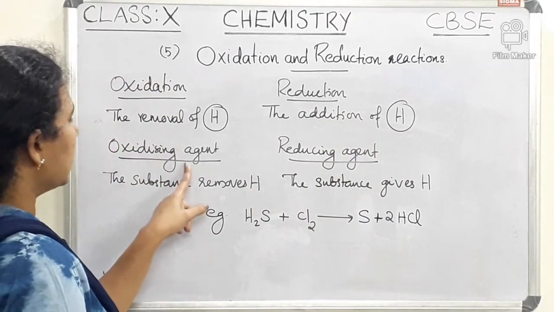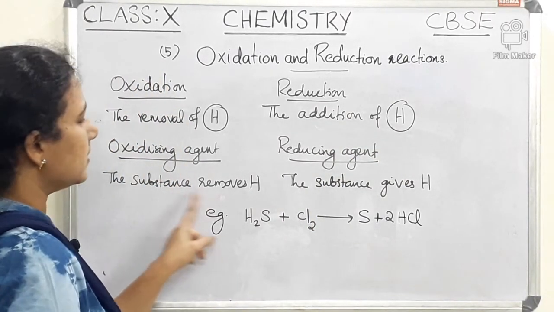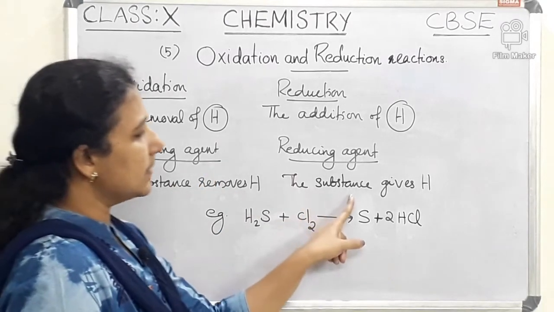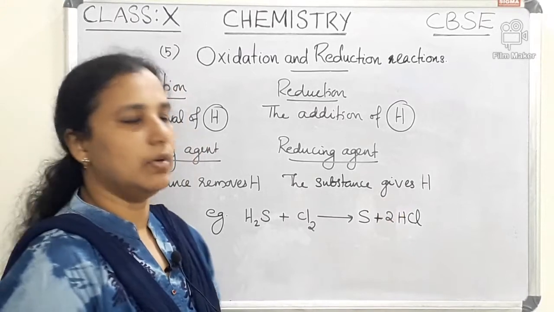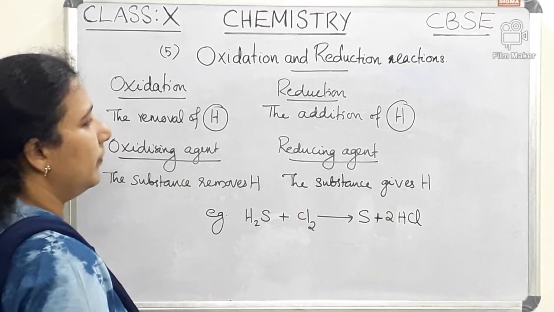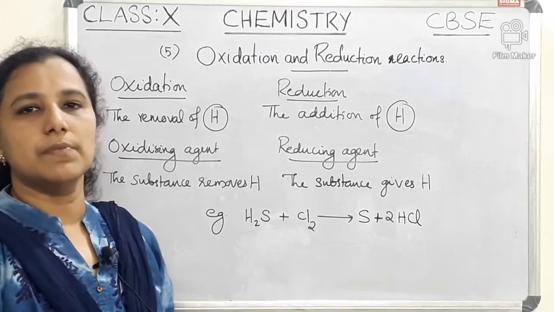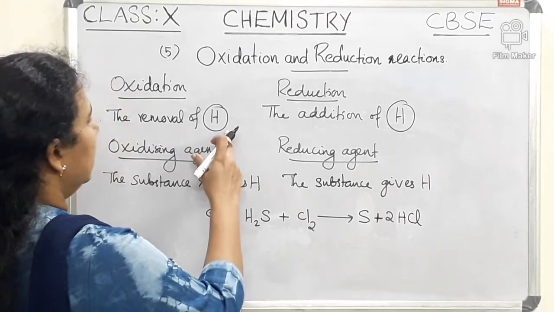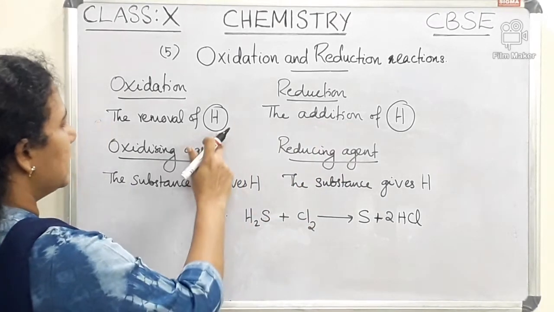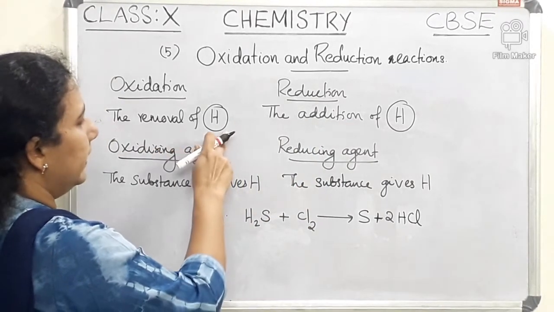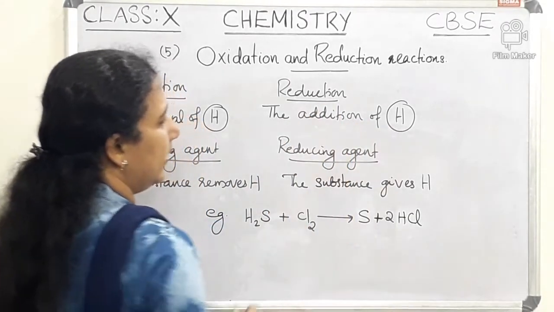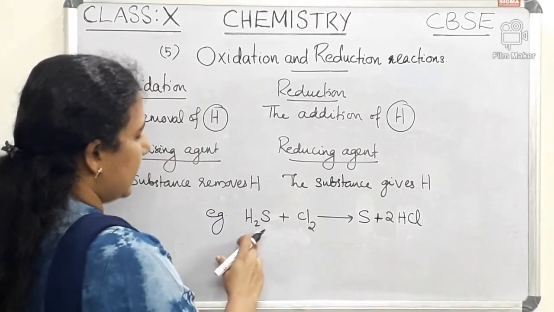And for the oxidizing agent, the substance that removes hydrogen is called the oxidizing agent, and the substance that gives hydrogen is called the reducing agent. So this is actually the opposite of oxidation and reduction in terms of oxygen. Here we are defining oxidation and reduction in terms of hydrogen. That is why removal of hydrogen is oxidation, and addition of hydrogen is reduction.